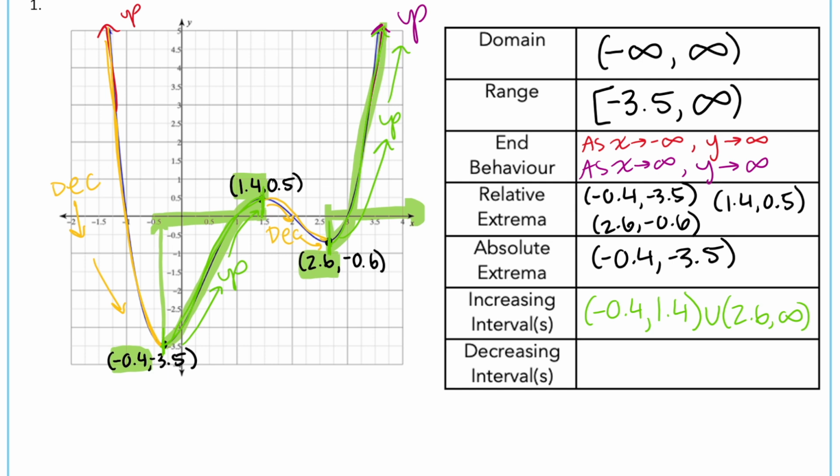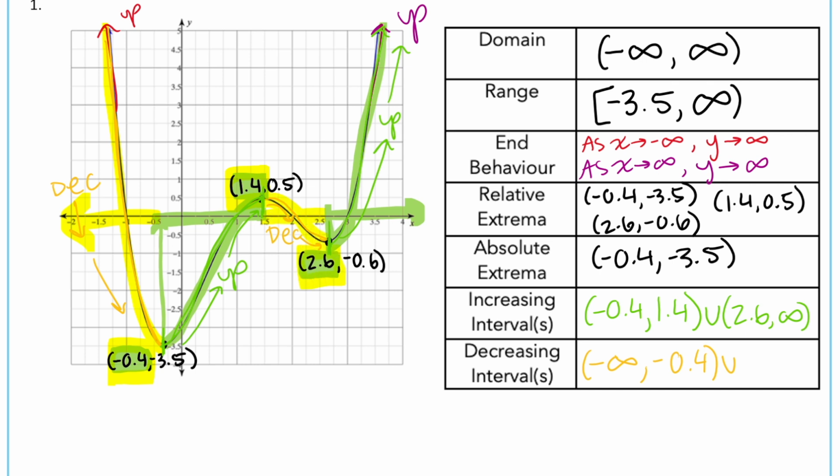And then I'm going to put a u for my correct set notation between them. Okay, for the decreasing intervals, I've got everything to the left of this x value here. Okay, everything to the left. So if I looked to the left forever, I'd see negative infinity, and then it will decrease, and it will stop decreasing once it gets to negative 0.4. And then it's going to decrease between 1.4 and 2.6 in this section, right?